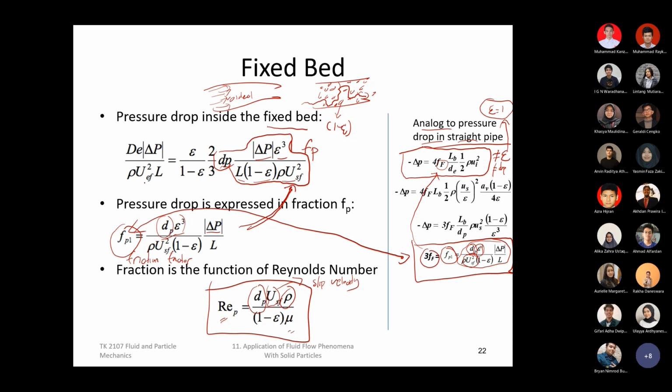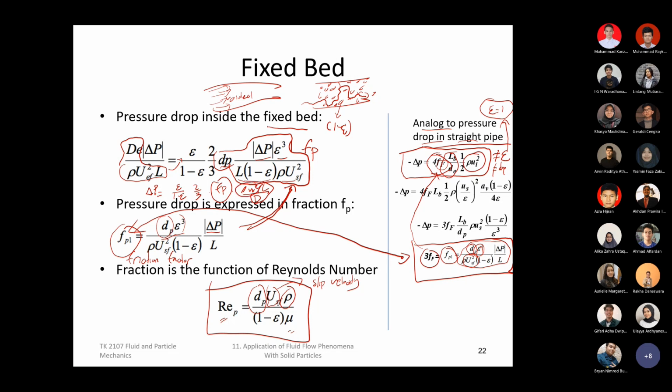Now if you rearrange the formula, the delta P becomes epsilon per (1 minus epsilon) to the two-thirds times FP. Then you move that part of the correlation to the right side: rho u square L per D, which is very similar to this form. That's the F part, that's the L per D part, that's the rho u square.